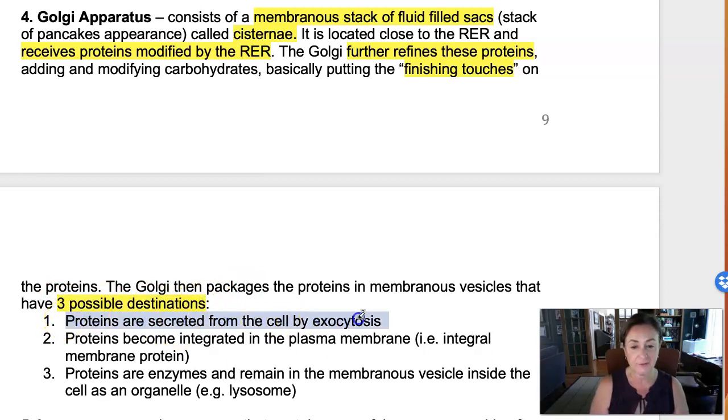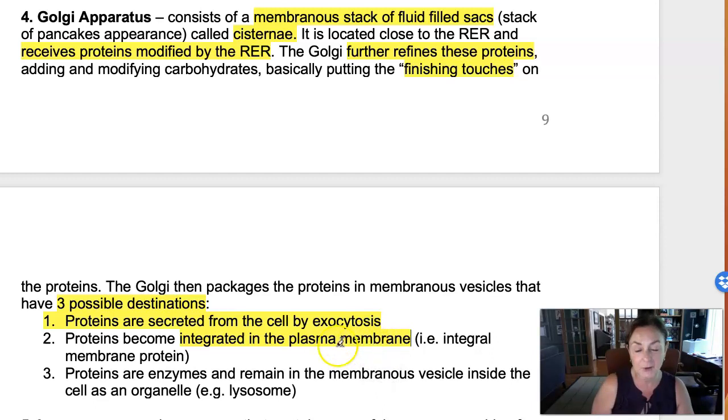I mentioned this, it could be secreted from the cell using exocytosis. So maybe this is like insulin being produced by a pancreatic cell, and now it's going to be released from the cell through exocytosis. It could become integrated as part of the plasma membrane. As part of the refinement of the protein, that protein could get lodged within the membrane of the Golgi, and so it doesn't really get secreted from the cell.